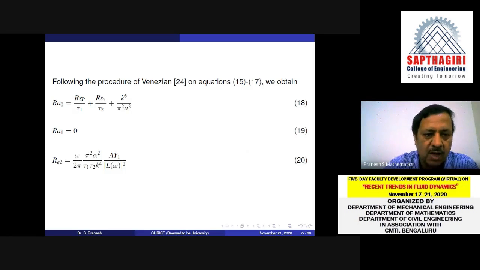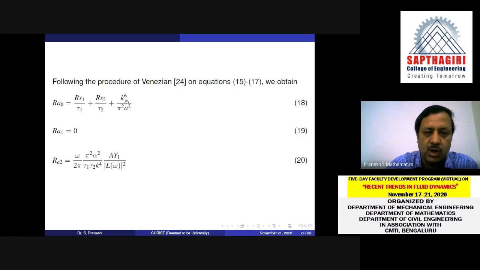Suppose I put RS1 and RS2 as 0 here. Then we get only k to the power of 6 by pi square a square. This is the expression for the Rayleigh number for a single component, the classical Rayleigh-Benard expression. Suppose I put only RS2 as 0.